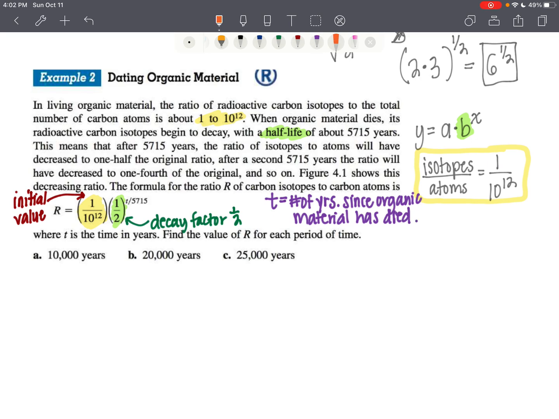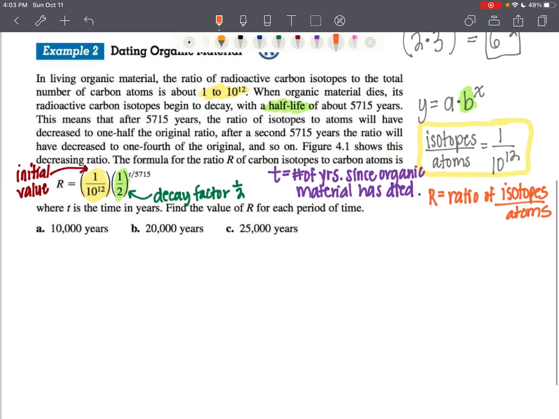And R, our output, stands for the ratio of isotopes to atoms. So our beginning ratio is 1 over 10 to the 12th. Every 5,715 years, that ratio is going to get cut in half.